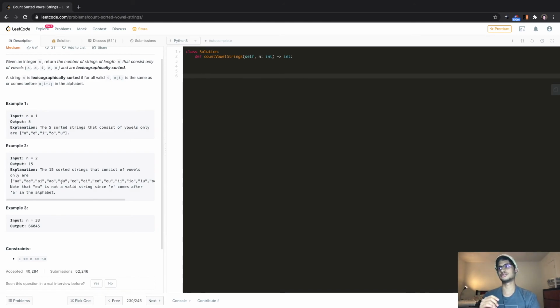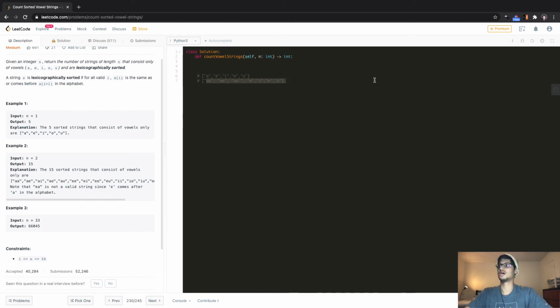What I mean by that is the total number of strings for n equals 2 is dependent on the value for n equals 1, because n equals 2 builds upon n equals 1. The reason is because you have a through u, and then you have aa, ae, ao, and so on and so forth, right?